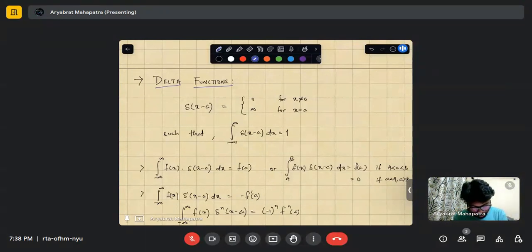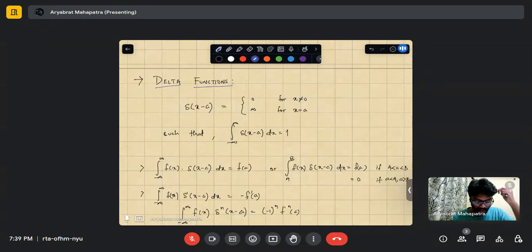Delta functions are basically distributions. For example, in physics you come across various discrete distributions, like a discrete charge distribution or point mass distributions. Generally, you can express the form of such distributions using delta functions.